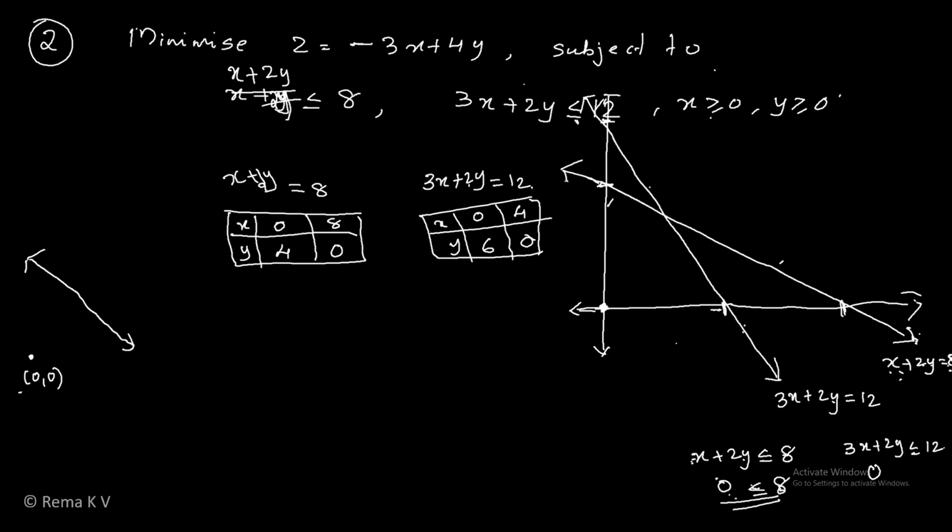If we put 0, 0, it becomes 0 less than or equal to 12. This is a true statement. So the plane containing the origin is the solution region. So the shaded portion that is common for both these is this quadrilateral. We have to shade this region.